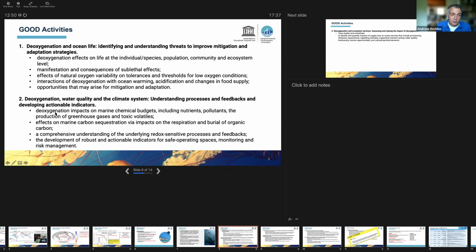There are also links to pollutants and also production of other greenhouse gases, nitrous oxide and methane particularly, which is very oxygen and redox sensitive.